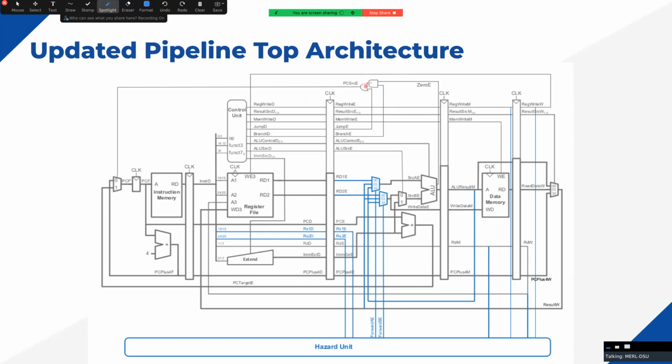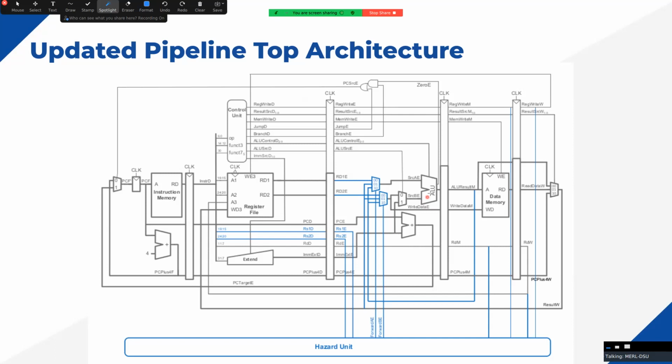Similarly, there is no change in our execute cycle, but we have introduced two more 3 by 1 muxes, which are controlled by my hazard unit, which is responsible for controlling the data hazard. And this is how my forwarding is executed. I've implemented a 3 by 1 mux on each input port of my ALU, source A and source B. So the operands of my ALU are getting manipulated by the logic of the hazard unit.